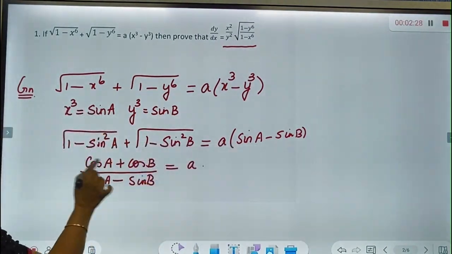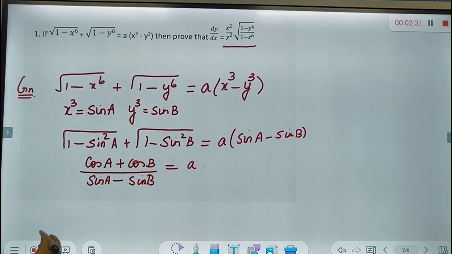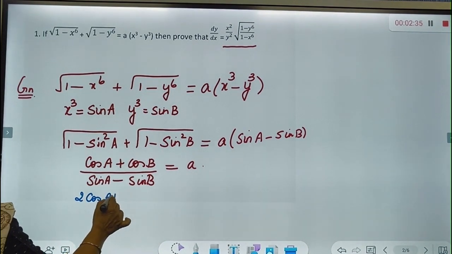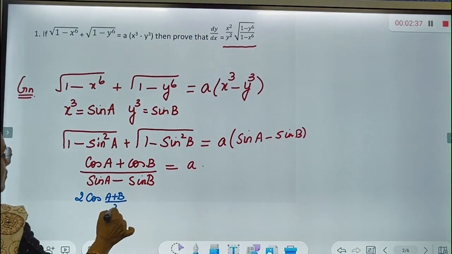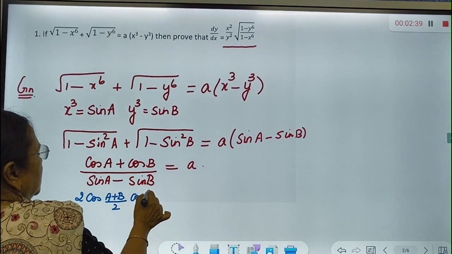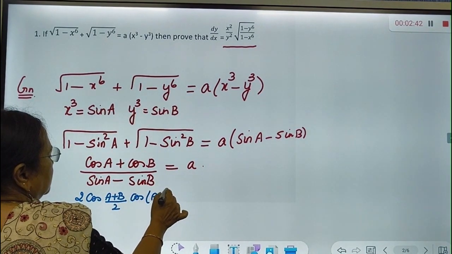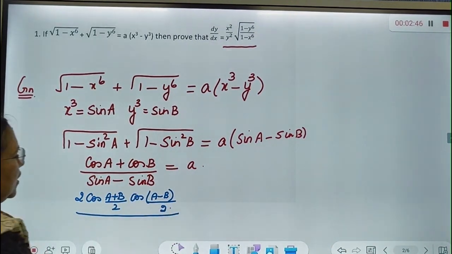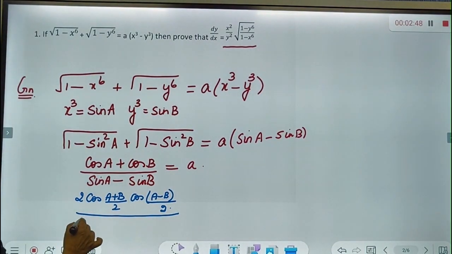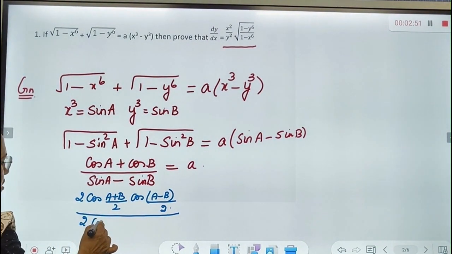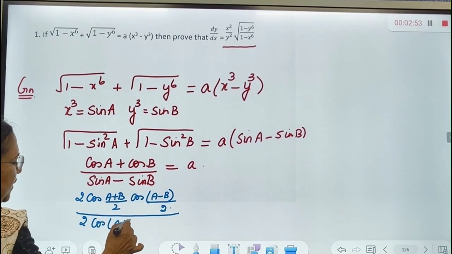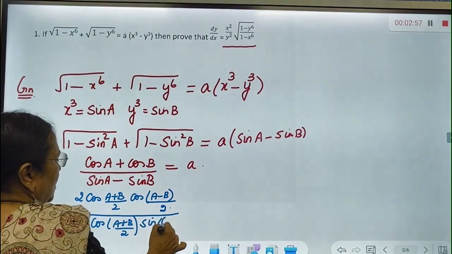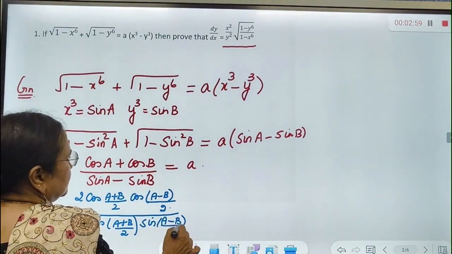Now let us simplify this further. What is cos a plus cos b? 2 cos a plus b by 2 cos a minus b by 2, divided by sin a minus sin b, which is 2 cos a plus b by 2 sin a minus b by 2.